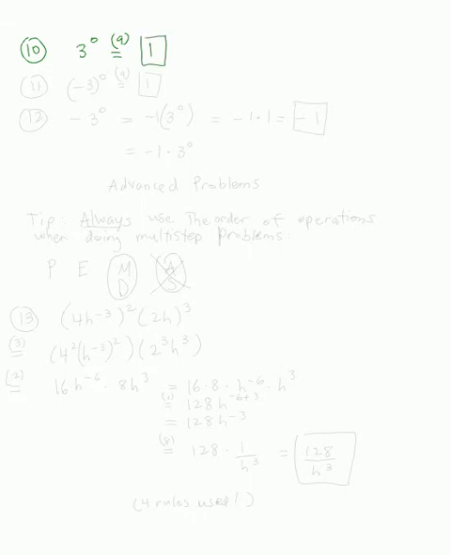Because anything to the 0 power is 1. Okay. What about negative 3 to the 0 power? Well, anything to the 0 power is 1. So by rule 9, this is just 1.